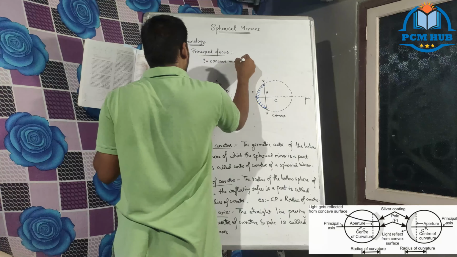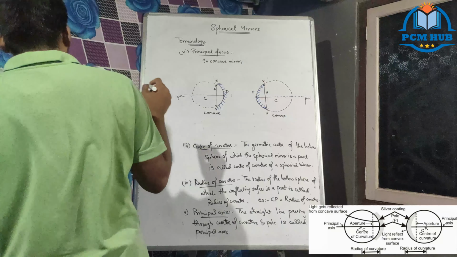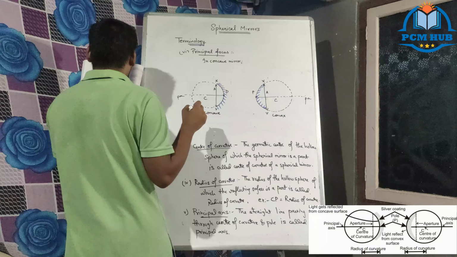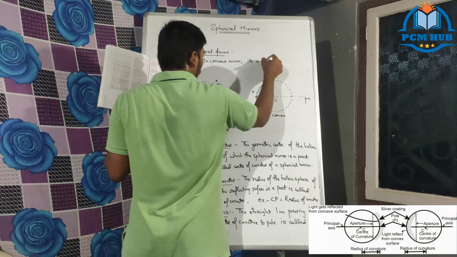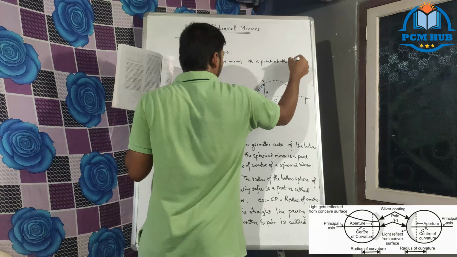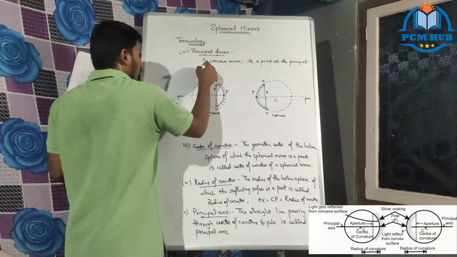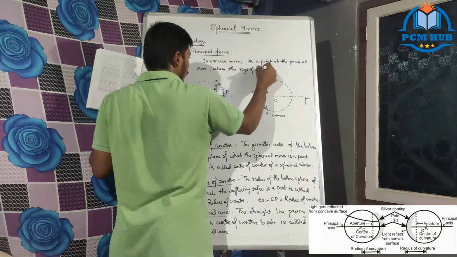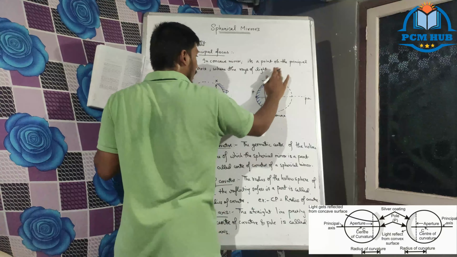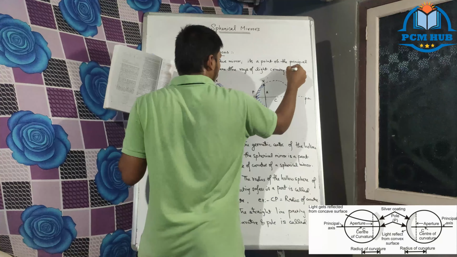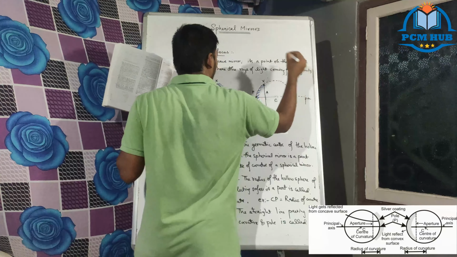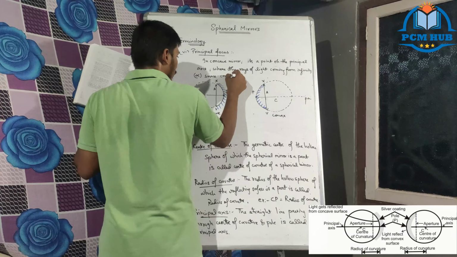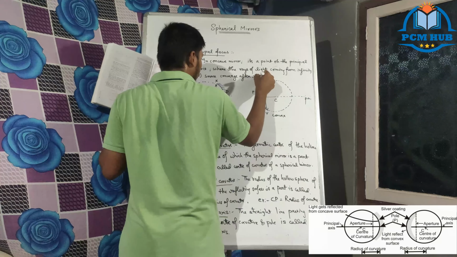In a concave mirror, it's a point on the principal axis where the rays of light, after coming from an infinity source, converge after reflection.